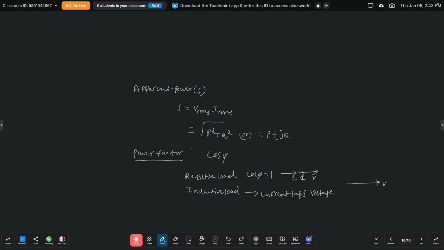Now if you take V as the reference, now I lags, right. So now you can say that I is downwards, which means I is in clockwise direction. So you can say I lags V.